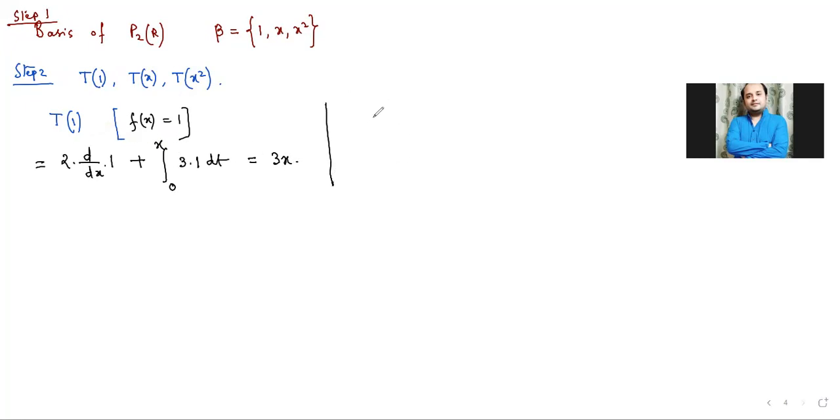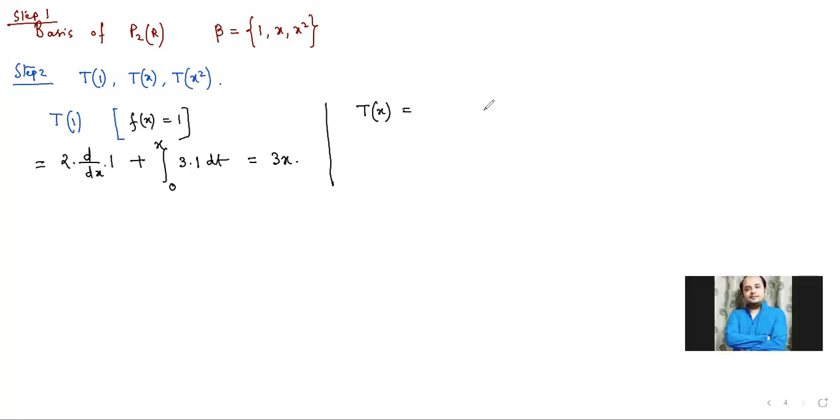Now tell me what is the value of T of x? Here f(t) is equal to t, and the variable of integration is changing. 3 into f(t) is the integrand, and the limit is from 0 to x.